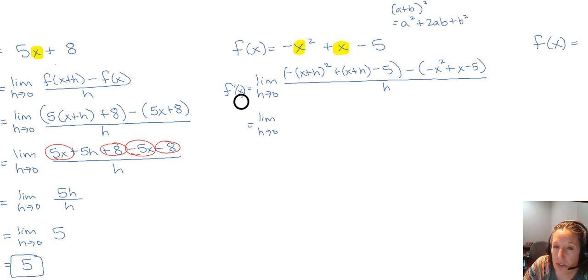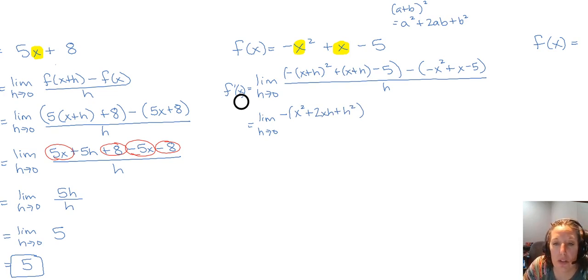Order of operations says we have to do that exponent first before that negative, so I am going to still have parentheses around it. So x plus h quantity squared is going to be x squared plus 2xh plus h squared.